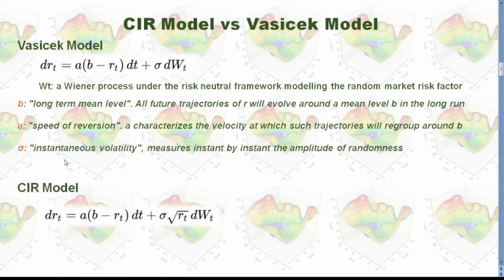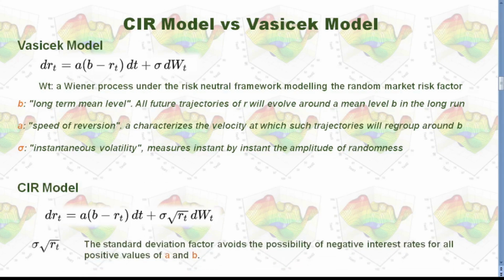Now let's take a look at the CIR model. You can see the formula is very similar with Vasicek model. In CIR model, you can see there is the actual square root RT here after sigma.